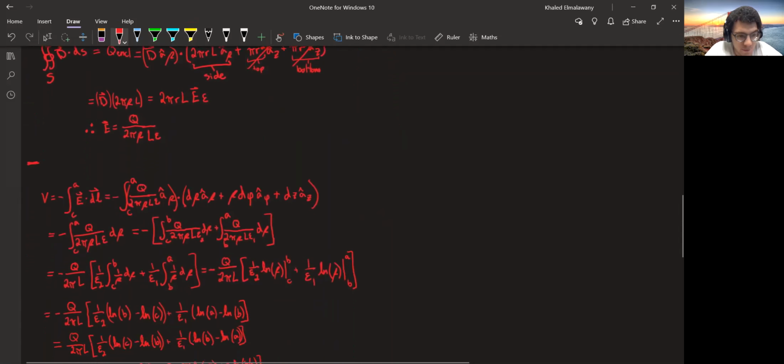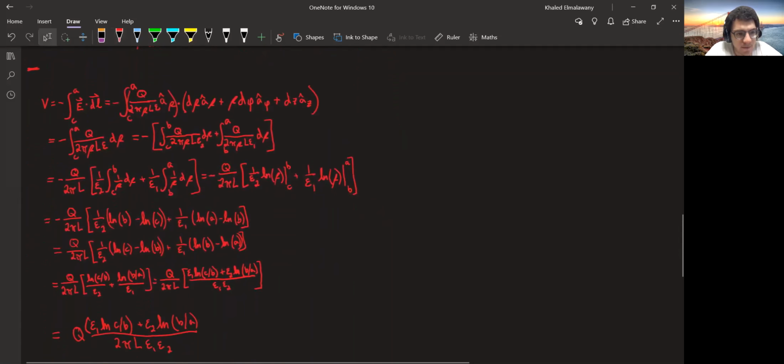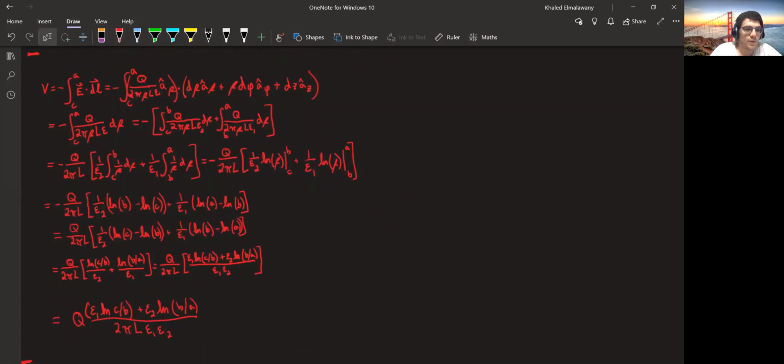Next, we move on to figure out the voltage. Now, this seems quite complicated, but it is quite simple. So notice that we are just plugging in the electric field that we just determined above times the dL. Now, the dL, you can either understand it or you can just pull it up from the formula sheet.